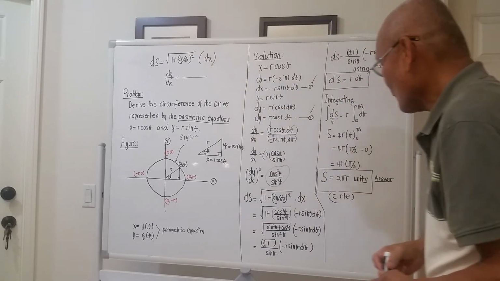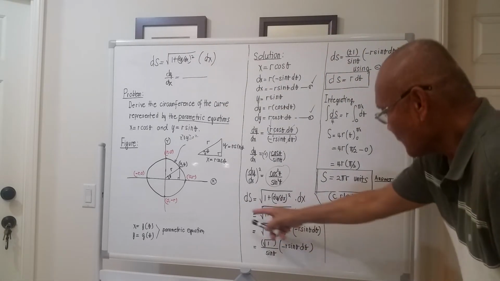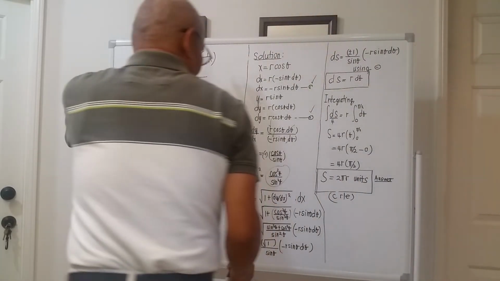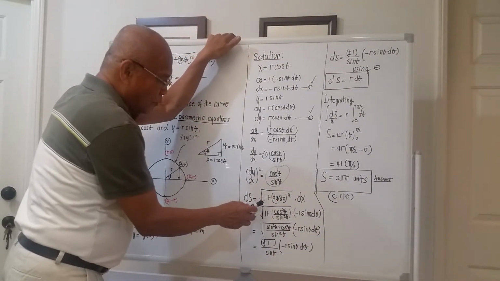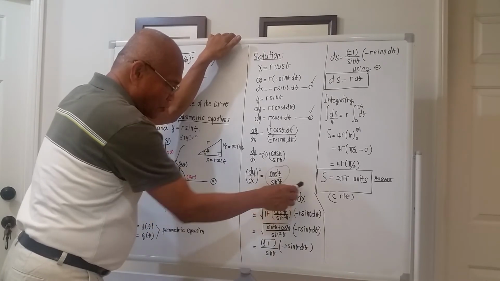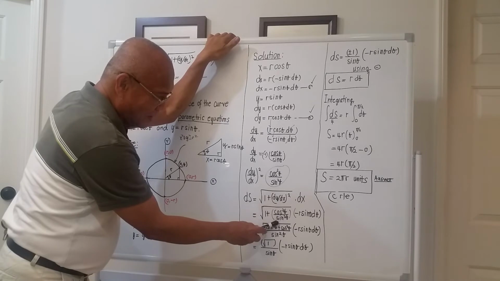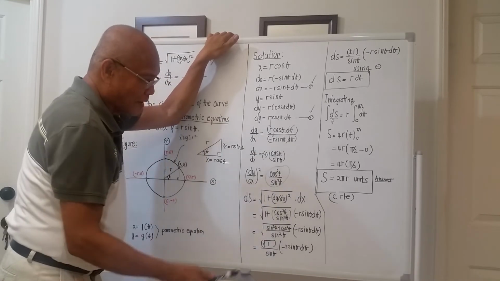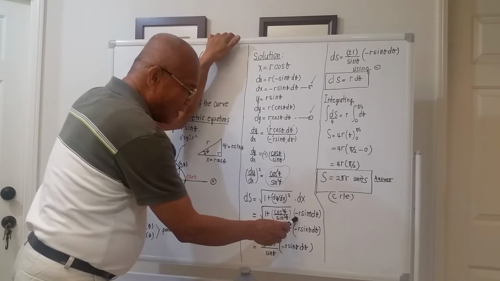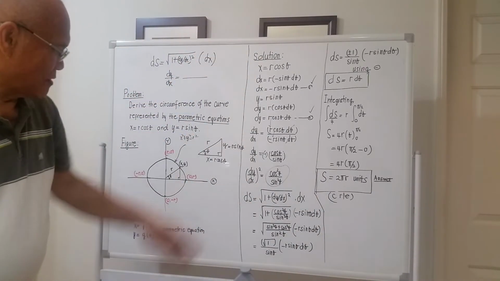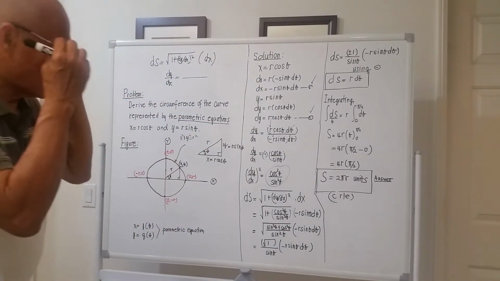Okay, substituting now. Differential length of arc will be the square root of 1 plus dy over dx quantity square, which is cosine square of theta over sine square of theta, times the value of dx. It is negative r sine of theta differential theta. The one under the radical sign, it's just an easy matter.